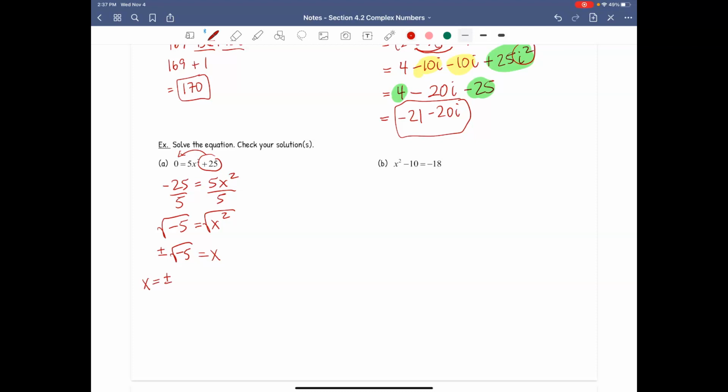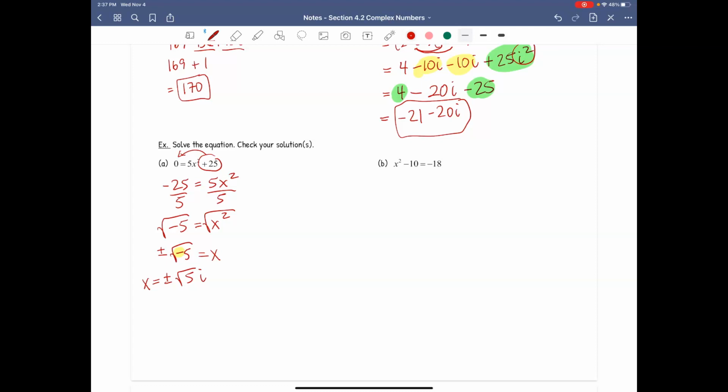Since we have a negative on the inside of the radical right here, we know that's going to come out of the radical and just become an i. And so this will be positive and negative, the square root of 5i. And notice that the 5 stayed underneath the radical because it was not a perfect square, and there's no way to simplify the square root of 5.